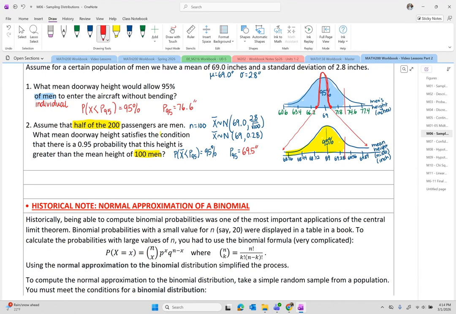Assuming that things will look kind of normal even within the 100 people on each flight, if it's normal, the mean and the median are the same. So we will say that half of these men will actually make it under the door without bending.